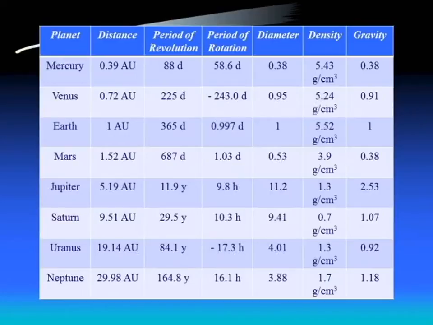That's because Venus and Uranus are doing something kind of weird. And so we're going to have to talk about why they are behaving differently than all the rest of the planets within our solar system. That has to do with things that possibly happened toward the beginning when our solar system was forming. And so we'll come back to this a little bit later on when we talk about the formation of the solar system. So you can kind of see the rest of the numbers there.